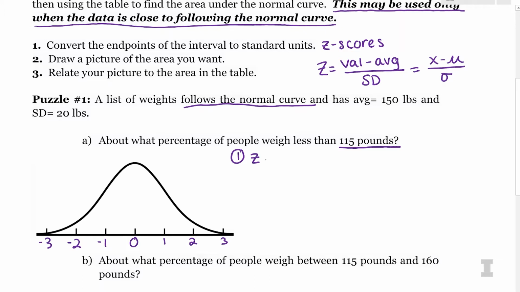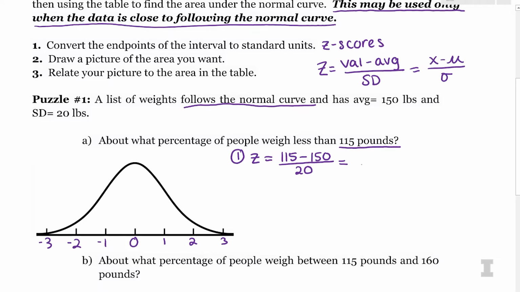So my z-score formula is value, which is 115, minus the average, which the problem gave us to be 150, divided by the standard deviation, which is 20. Before I even know the answer, I know that I should get a negative z-score because 115 is a below average value.